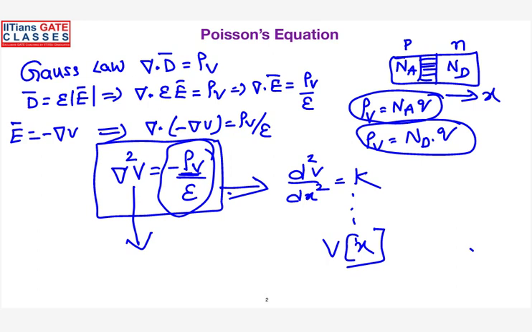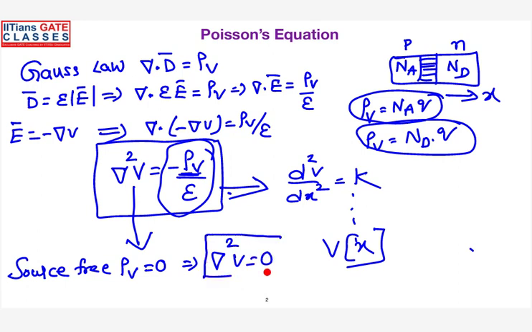Suppose the region is source free, which means in the medium there are no charges, so rho v is equal to 0. Then Poisson's equation becomes del square V equals 0. So in a source free region, del square V is equal to 0.